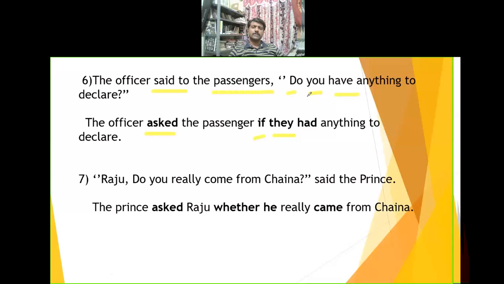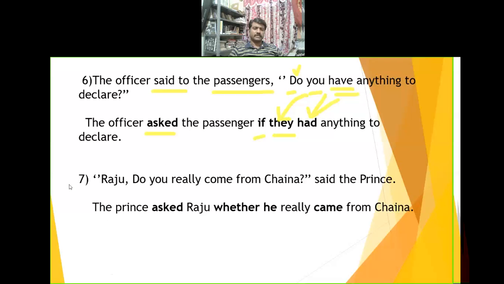That's why you becomes they. And you have to remove this do. Have is in the present tense, you have to change it to past tense. Yes, had. If they had anything to declare. Okay, you have added four changes in indirect speech: asked if they had. You have to change like this.